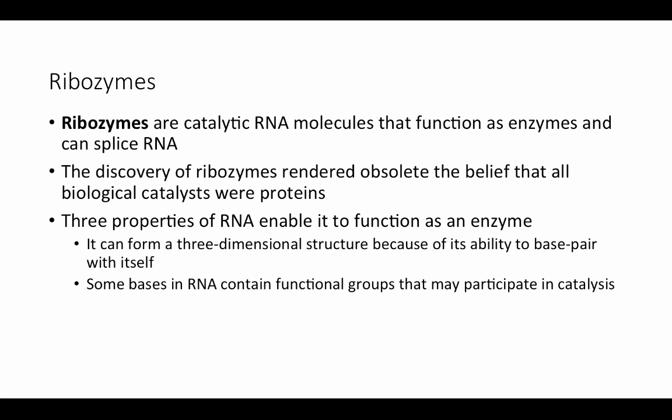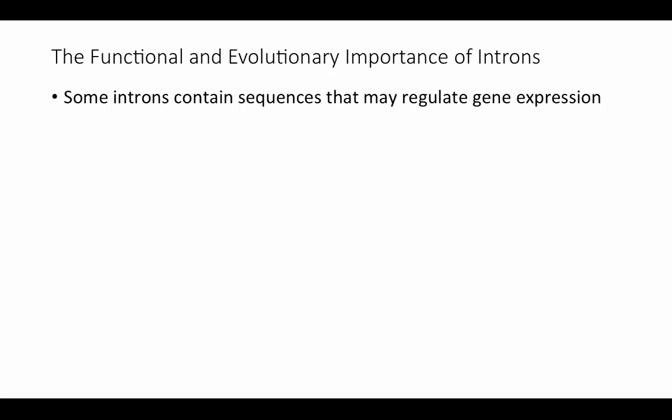So when we talked about enzymes, about what's happening inside these active sites, these functional groups are playing a role in lowering the activation energy. Some of the RNA bases can do a similar sort of thing with their functional groups. And also because RNA can hydrogen bond with other nucleic acid molecules, they can catalyze these reactions that involve other nucleic acids.